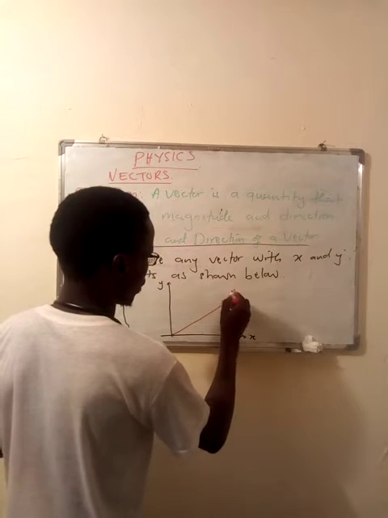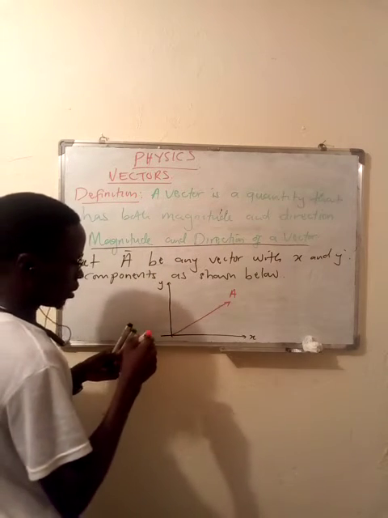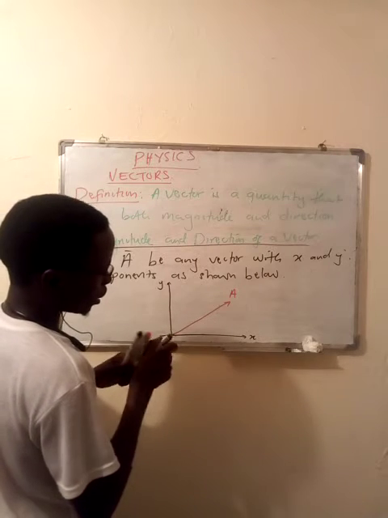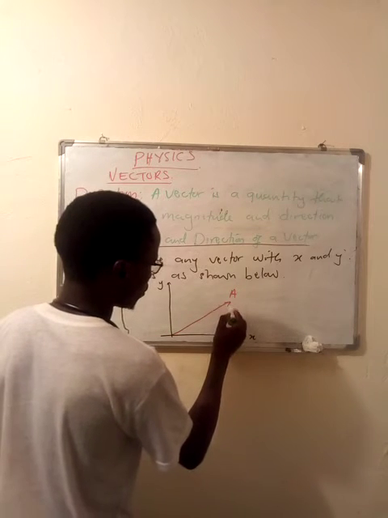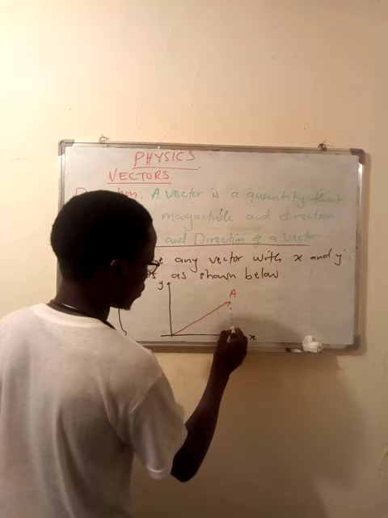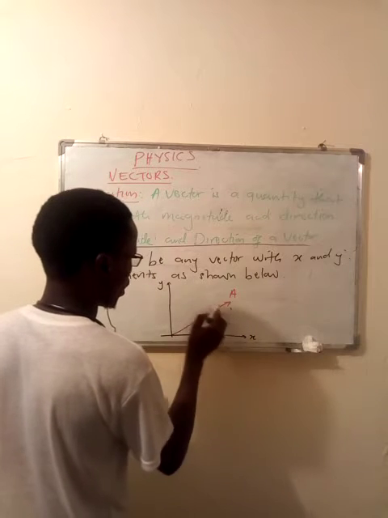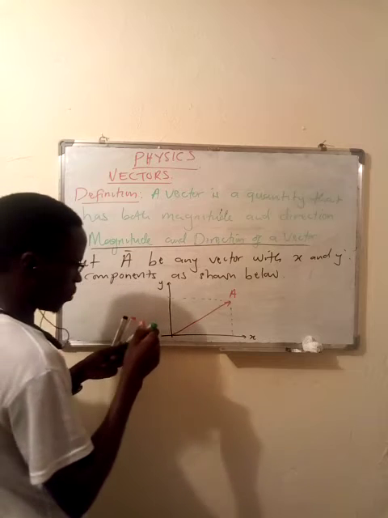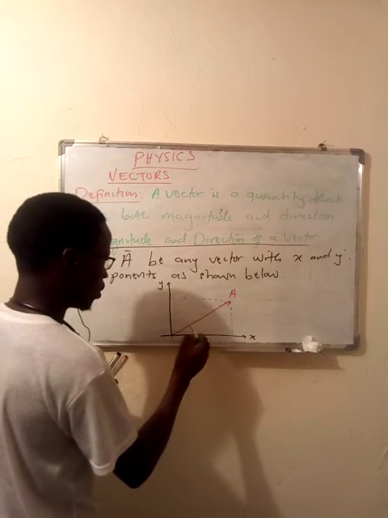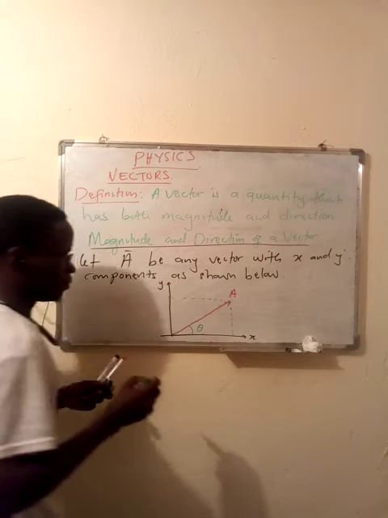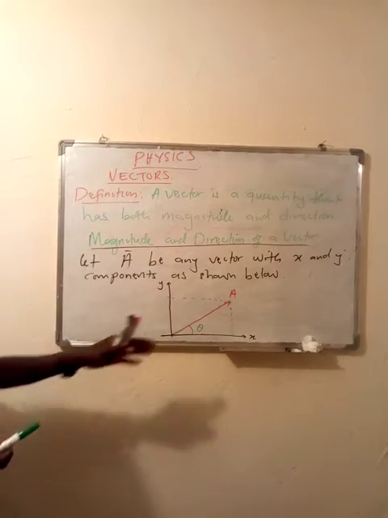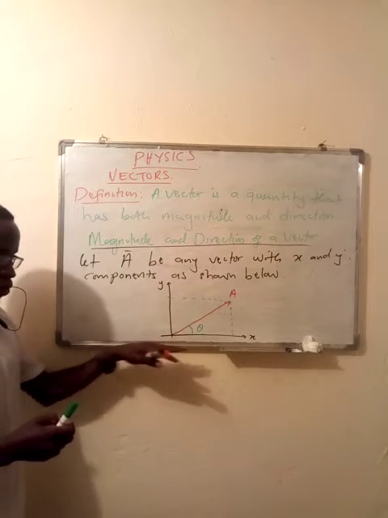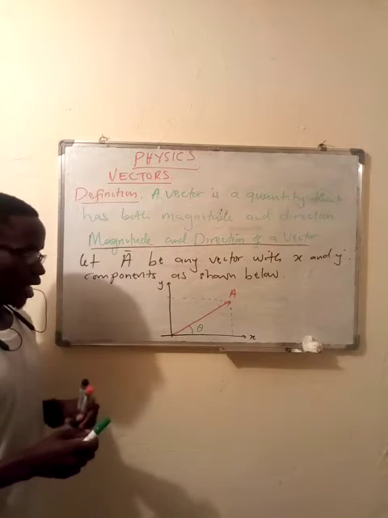So let's say this is the vector A, and then we have the x component of the vector and the y component. And then here we have the angle theta. Okay, so this vector A is making an angle theta with the horizontal, which is the x-axis.